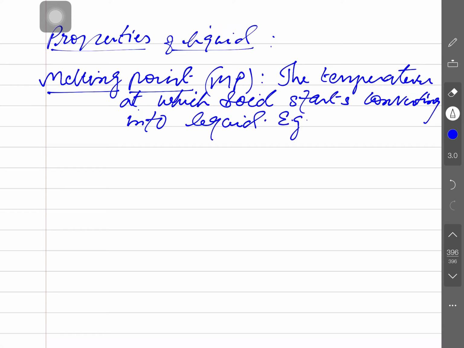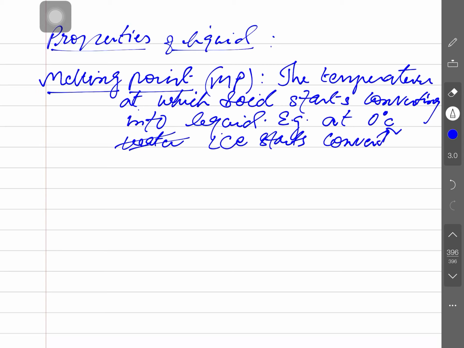The example is always given at 0 degrees Celsius. 0 degrees Celsius is the scale for measuring the temperature here. Ice starts converting into liquid water at 0 degrees Celsius. This is called the melting point of water. Is that clear?